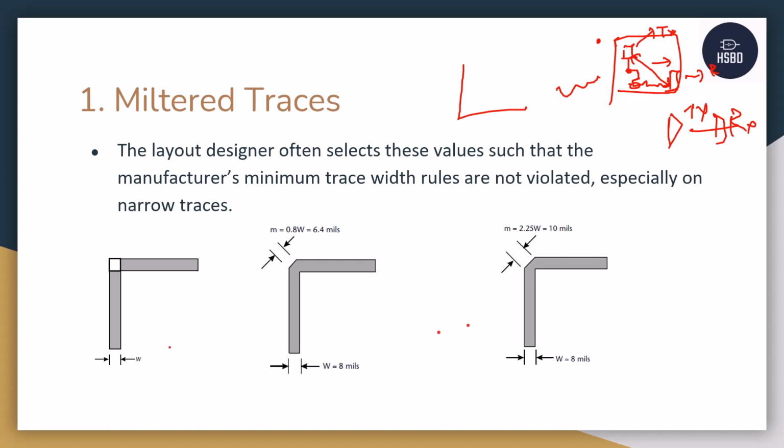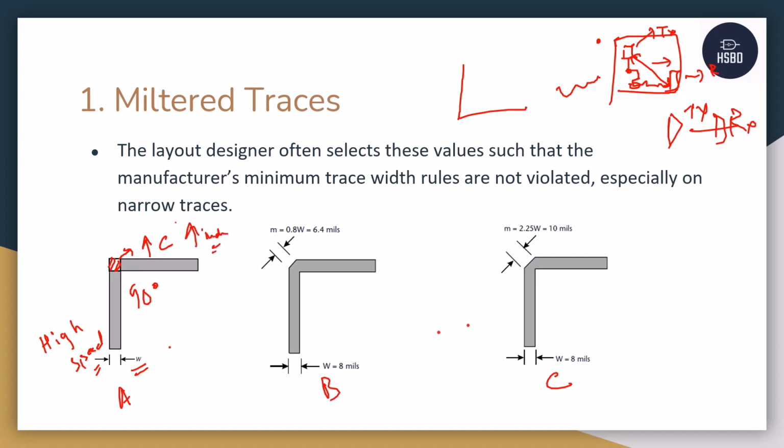Let me quickly give you the example. There are three images available, A, B, and C. In image A, you notice the trace width is W and it is being routed with a 90-degree angle. So as you can see, there is a 90-degree bend in my trace. If it is a high speed signal, this white area which I have just highlighted will definitely increase the capacitance as well as the inductance of the signal.